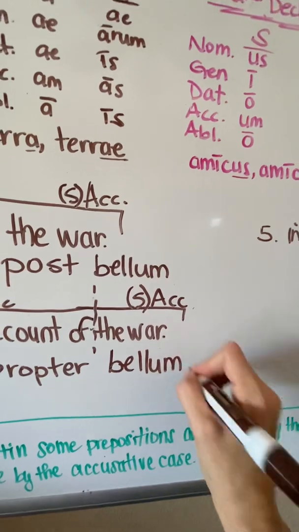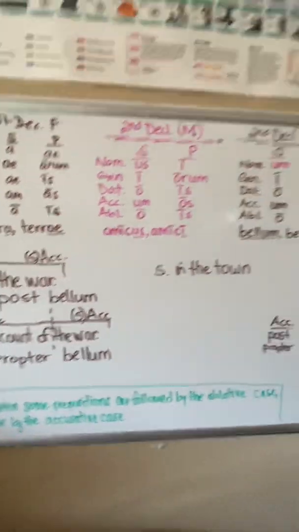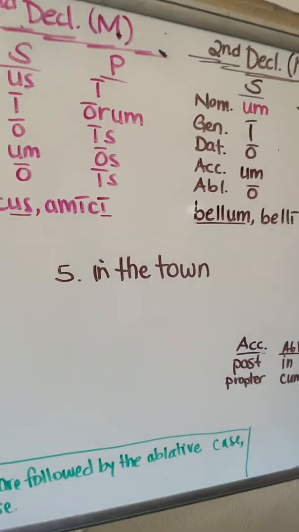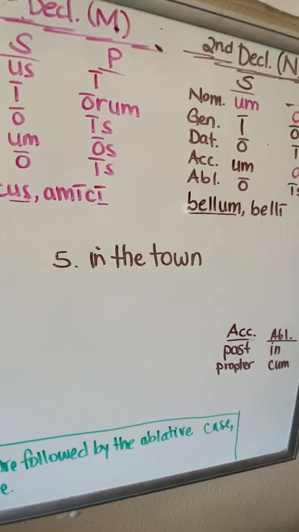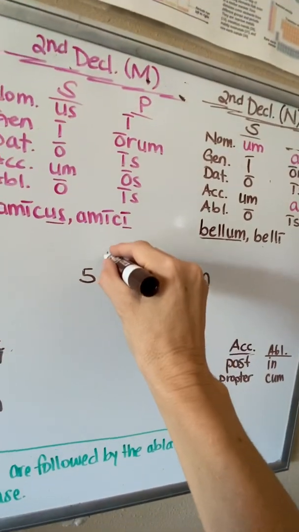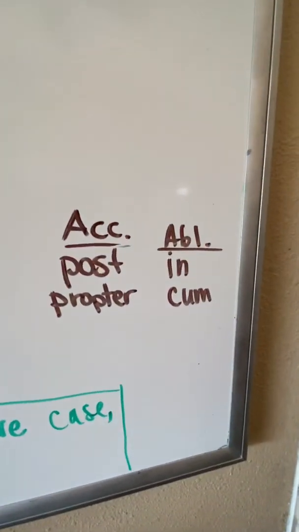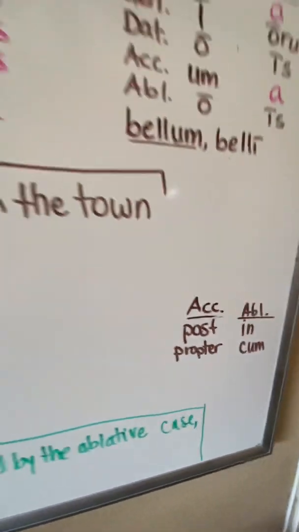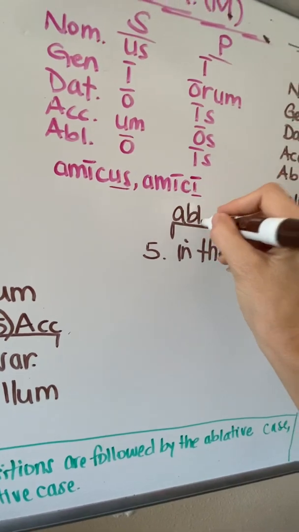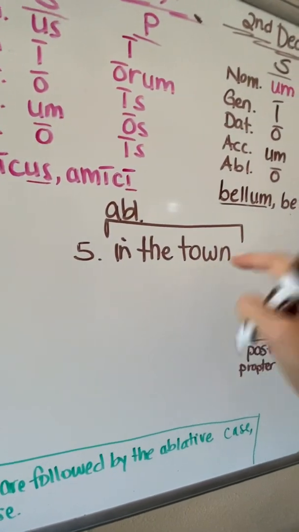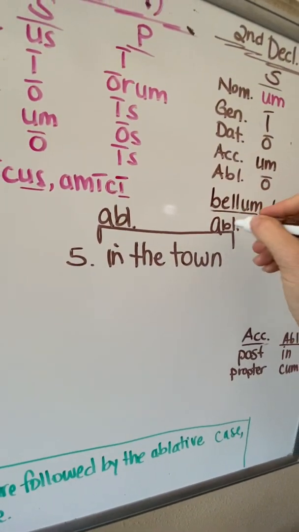And then finally we'll come over to this one here, in the town. Anytime we see that word in, we know that's a preposition. And I also know that as I learn these, that in is going to be governed by the ablative. So I'm just going to label it right off the bat, ablative, which also makes the word that follows ablative.